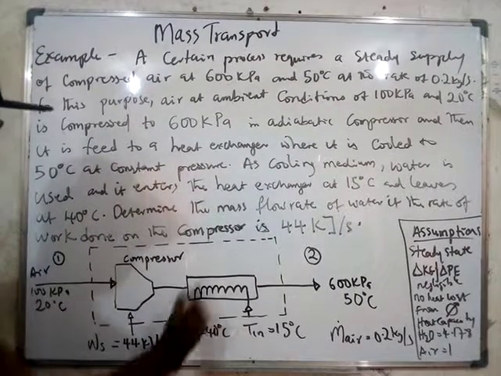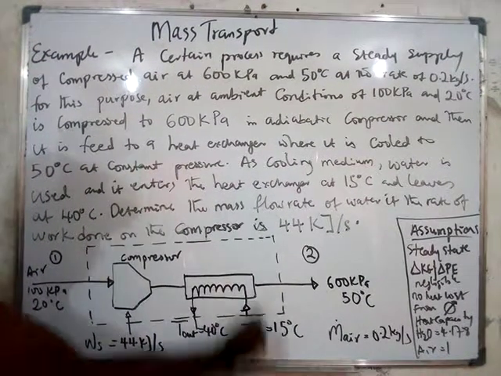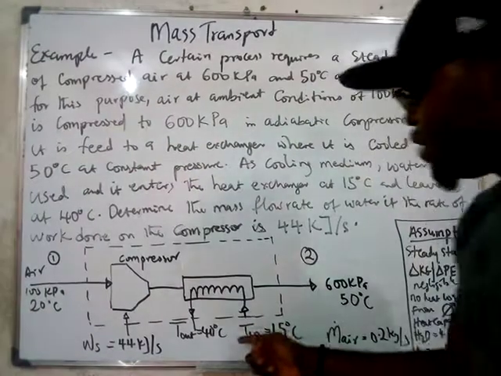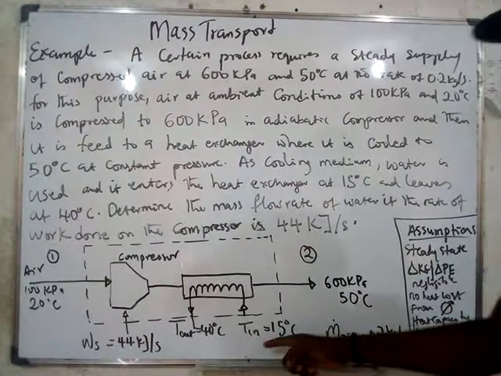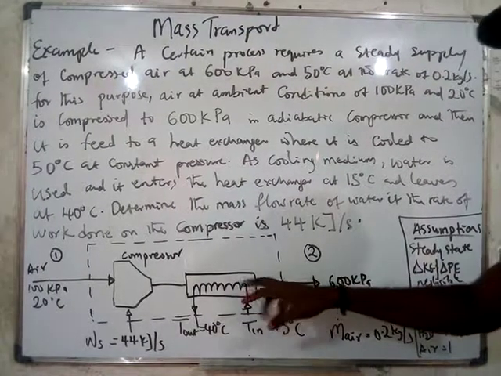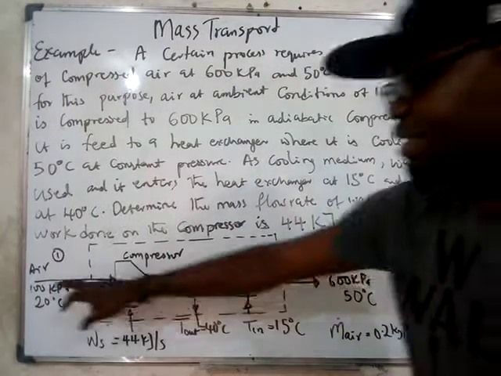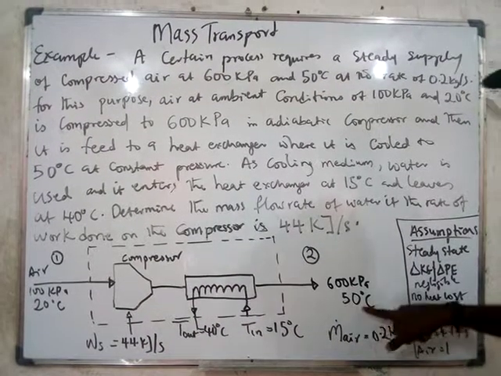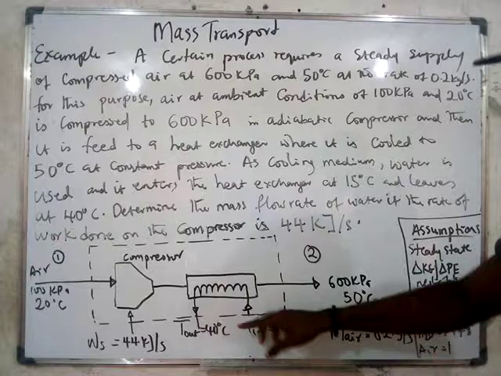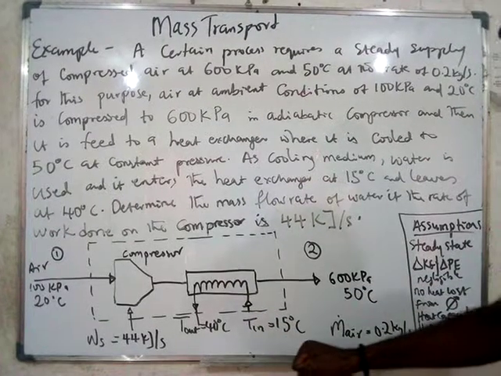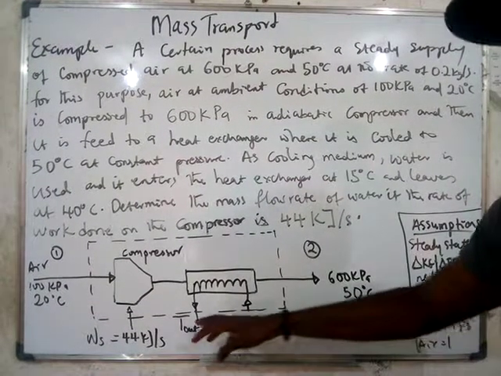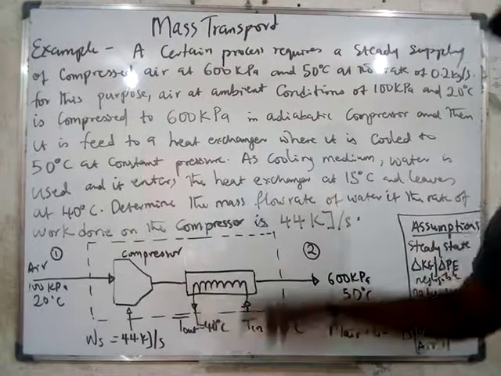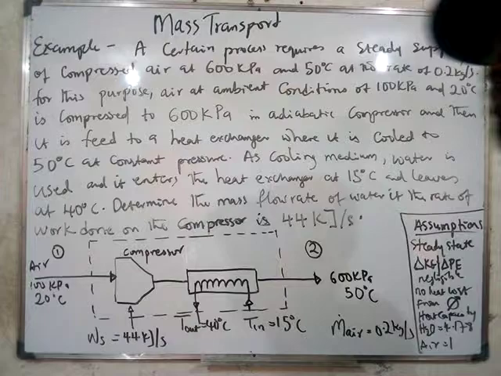This water that is going in here, what is the mass flow rate it's using in entering this heat exchanger to enable the proper cooling? Because when you compress this air, the temperature is going to increase, but you want the temperature to be at 50. So you need to use the heat exchanger to take out some heat. So calculate the mass flow rate of the water that is traversing this heat exchanger. That's what you're supposed to do.